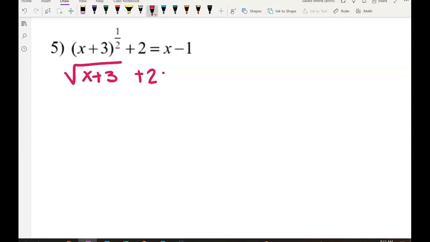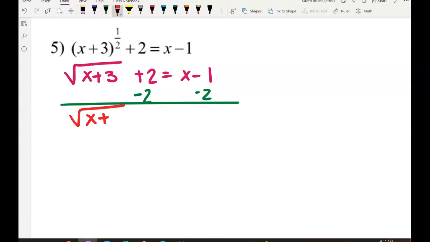Okay. All right. Then we are going to, again, isolate your what? Radical. So we have the square root of x plus 3 equals x minus 3. To undo this square root, Sean, what should we do to both sides? Square it.